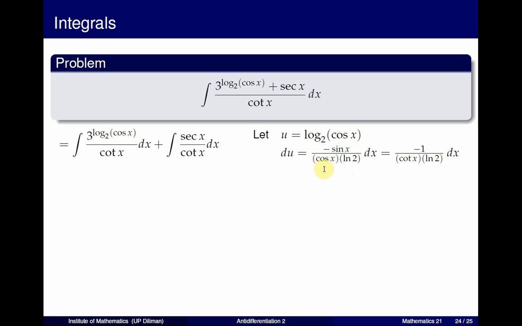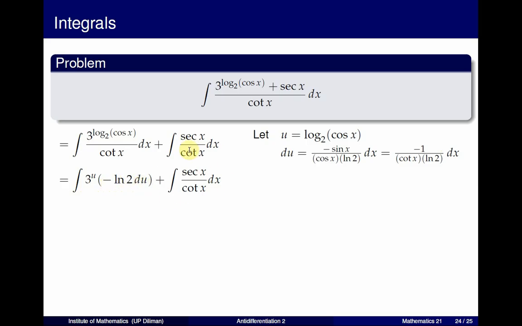So this expression simplifies to negative 1 over cotangent x ln 2 dx. And then ln 2 is constant. So we can now change the integral into an integral in terms of u. So the first integral becomes 3 to the u times negative ln of 2 du.